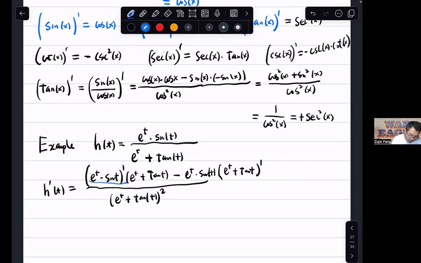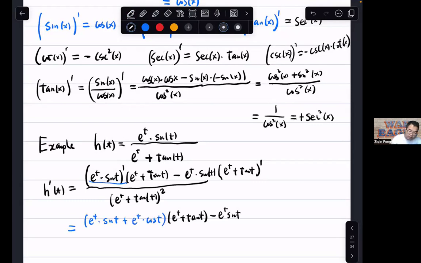So this is e to t times sine of t plus e to t times cosine of t. That's how we differentiate that term. Then keep the other factor unchanged, because no derivative is involved in it, minus e to t sine of t.